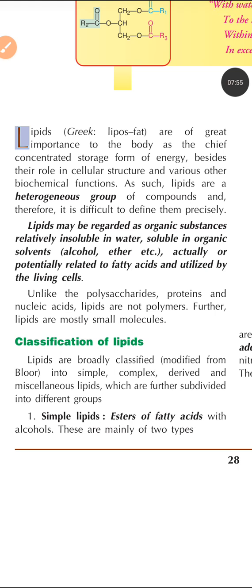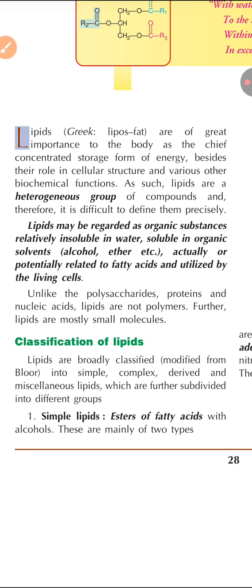Then the next one, I said we are going to see the classification of lipids. So lipids are broadly classified into simple, complex, derived, and miscellaneous lipids, which are further divided into different groups.